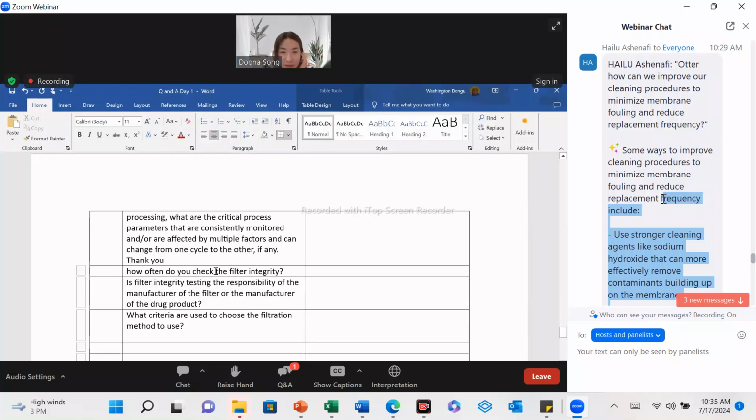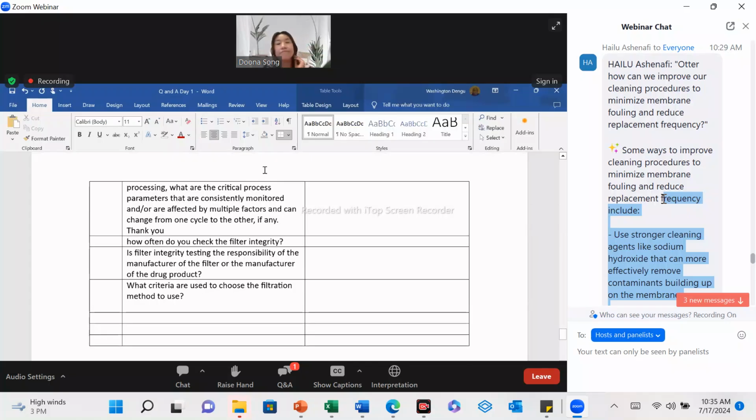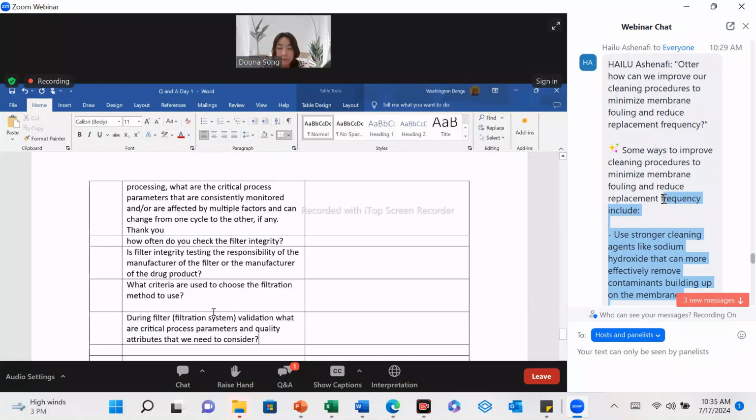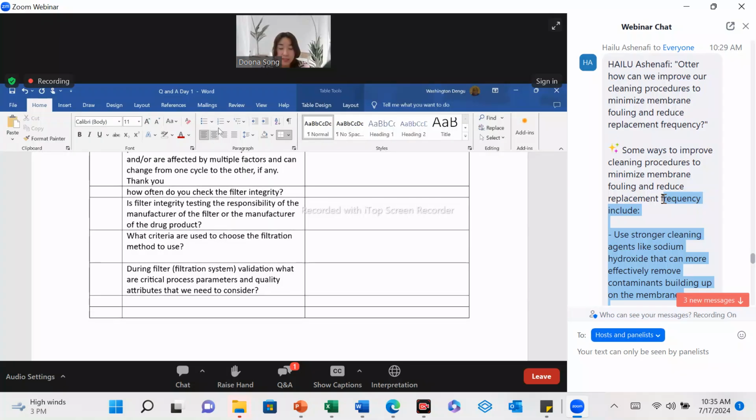So next, how often do you check the filter integrity test? Usually in the downstream process, there is a guideline depending on the company's guideline. For bioburden reduction, maybe just for risk analysis.